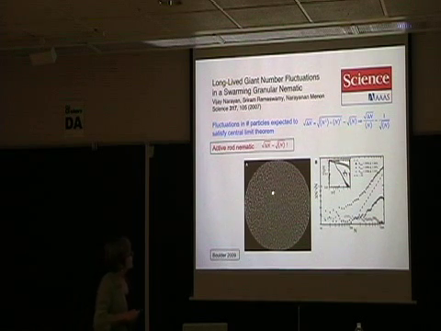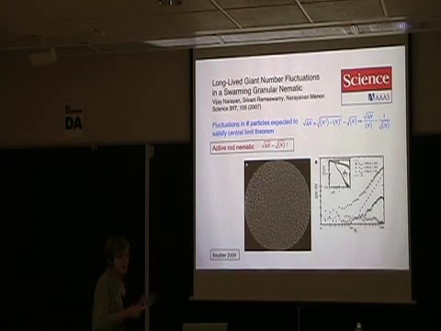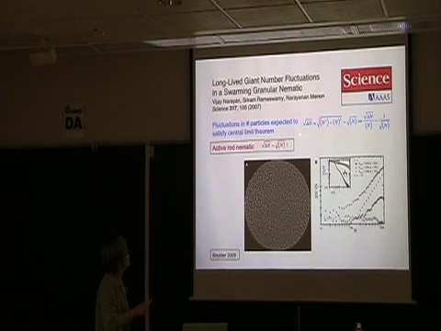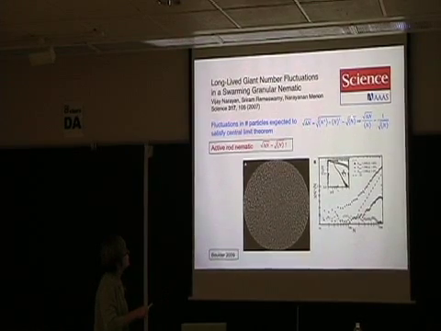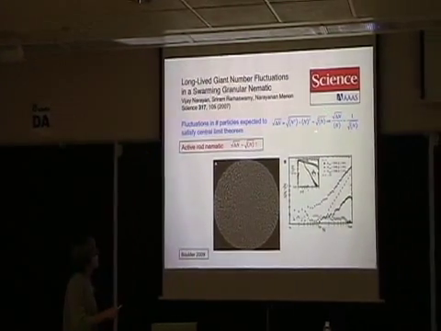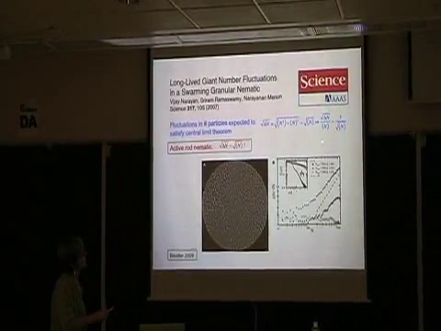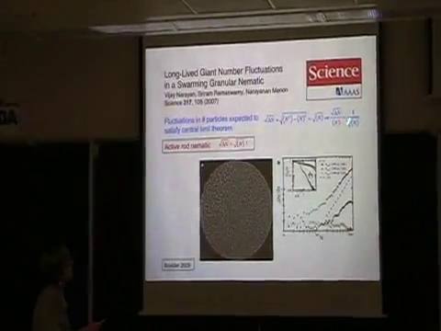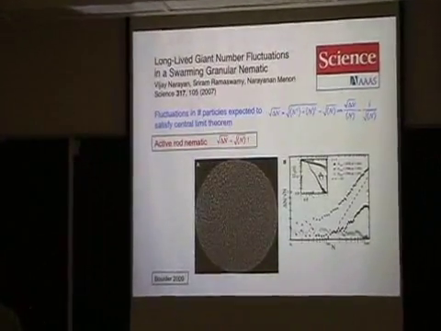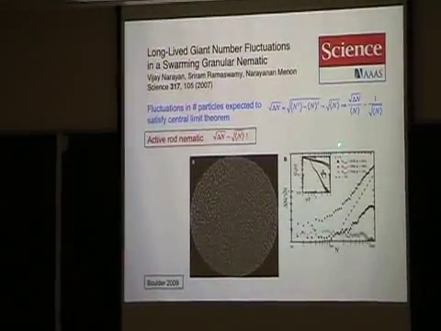Now, if you actually measure density fluctuations in this system, in any system, you expect that the variance of number fluctuations will scale like the root of n, so that if you take the ratio of the square root of variance to the number of particles, that goes like 1 over root n and goes to 0 in the large system size.